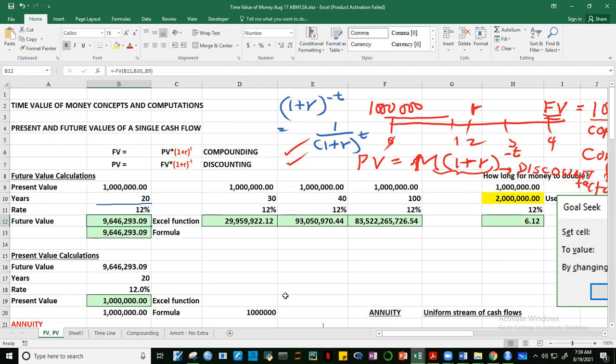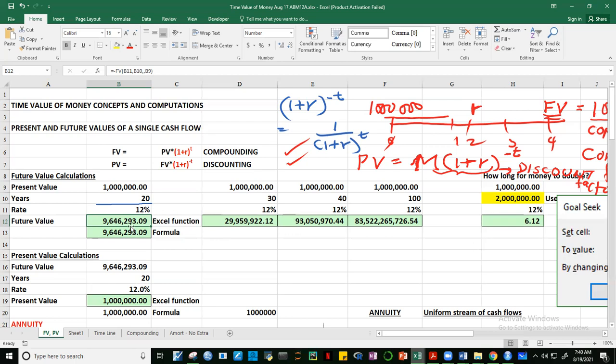But if you put it in an investment that earns 12% and then get it after 20 years, you'll get 9.646 million. Yun yung point doon, na equivalent sila. Okay? So excluding other factors, sinasabi lang natin na pareho lang yung 1 million ngayon sa 9.6 million in 20 years time, earning at 12%.